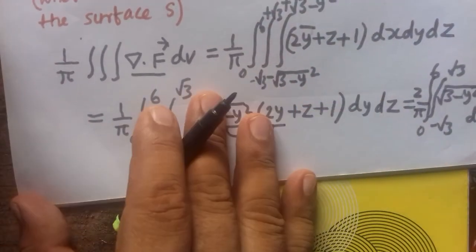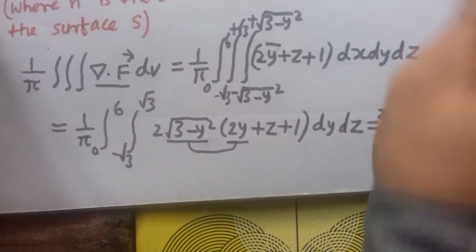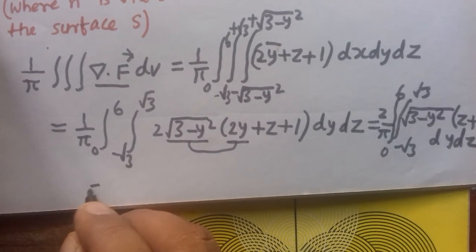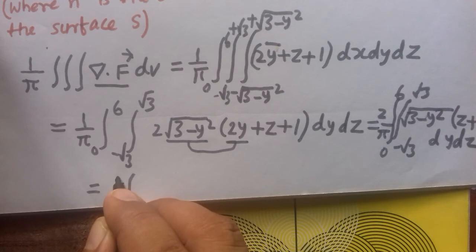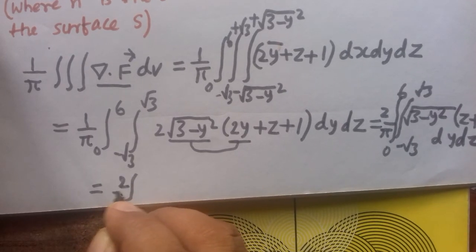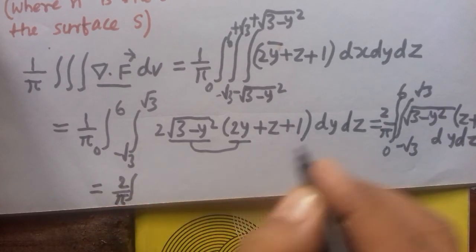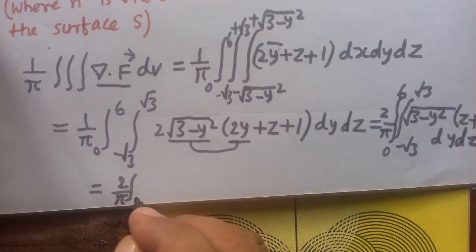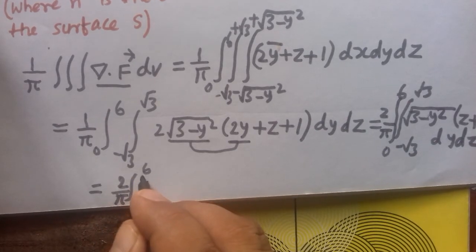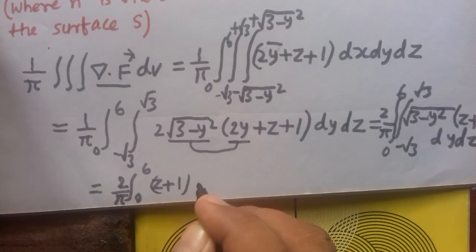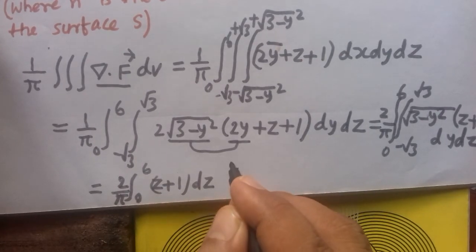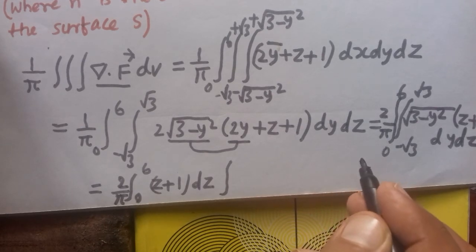So we can take these two things separately. Here you can write 2 by pi, and 0 to 6 for z, z plus 1 dz. And for y we write separately.